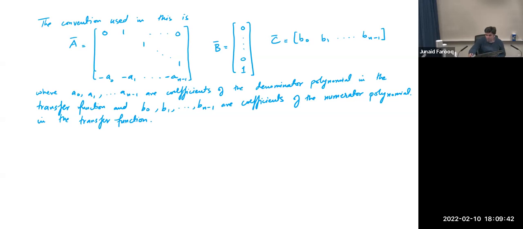Obviously, when you read literature, you will find many different canonical forms. It's natural to ask yourself why we need a canonical form. What is so special about this? I probably mentioned it earlier, but let me reiterate the idea here. Why do we need a canonical form? After all, it's the same system.